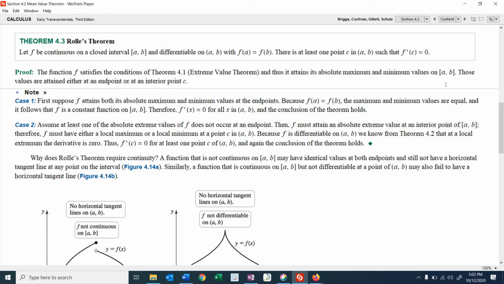So f of a is the absolute minimum. And let's assume that f of b is the absolute maximum. Now you could switch those and the proof will still hold, okay? So that's what I mean by without loss of generality. So let's say f of a is the absolute minimum and f of b is the absolute maximum. But we know that f of a is equal to f of b, right? That's one of the conditions of the theorem.